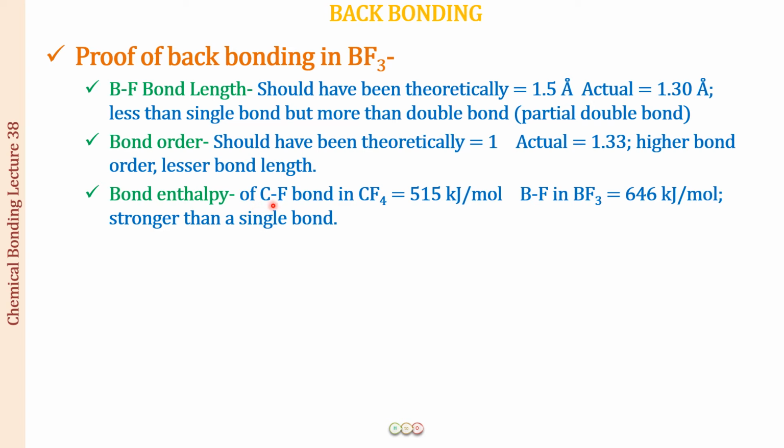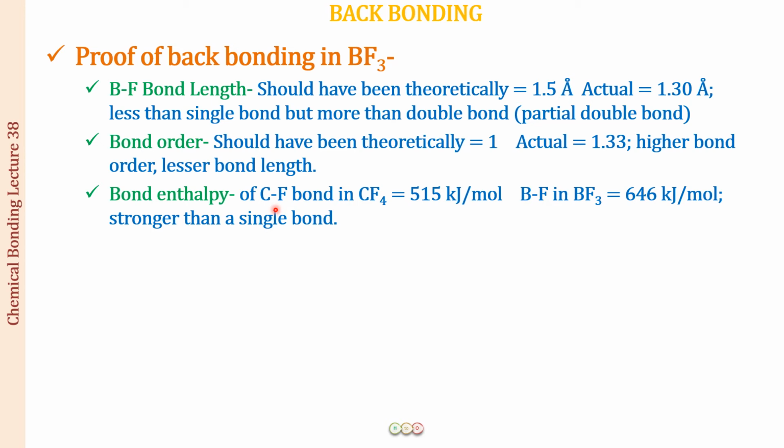And when the bond length is less, it is this bond which should require more energy to break, right? Because if you imagine you have some sticks with you, if you have to break a big stick, you will require less energy, but if you have to break a smaller stick, then you're going to require more energy.